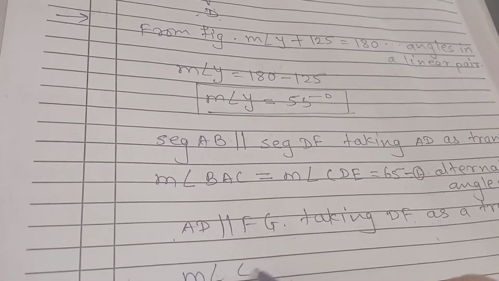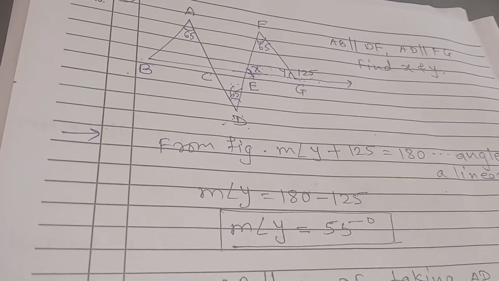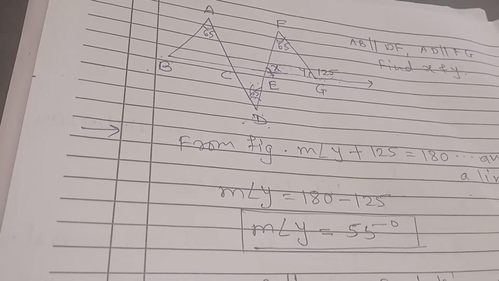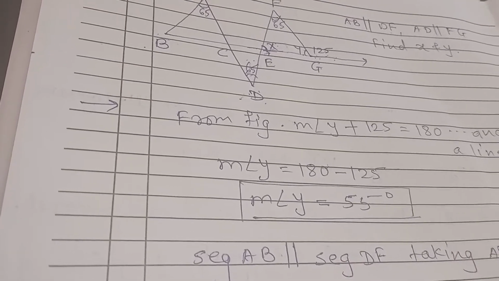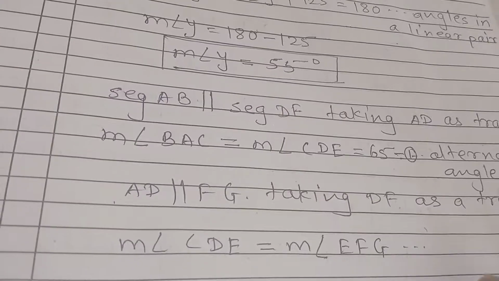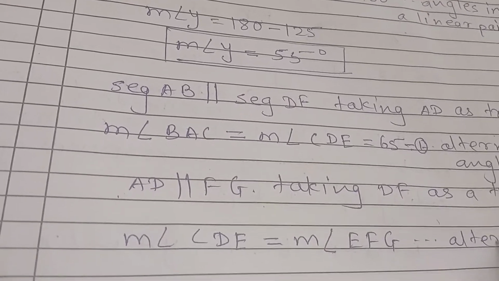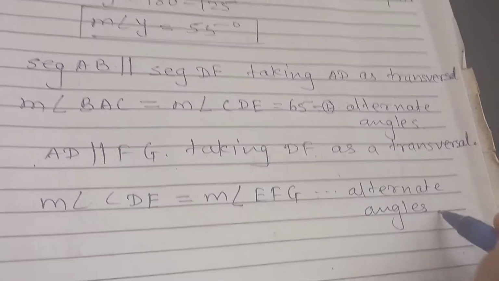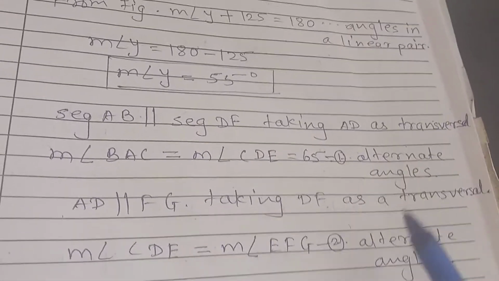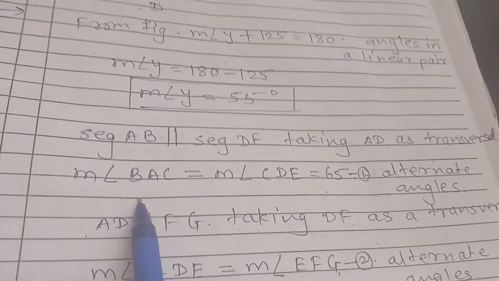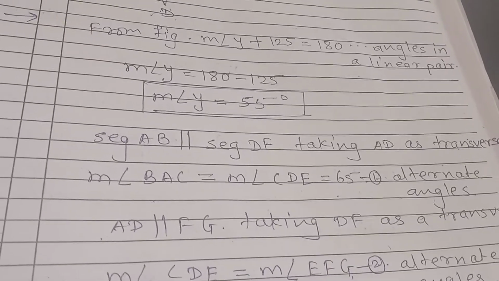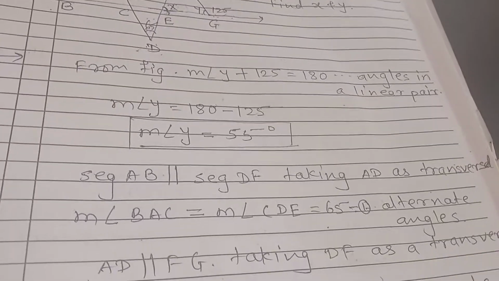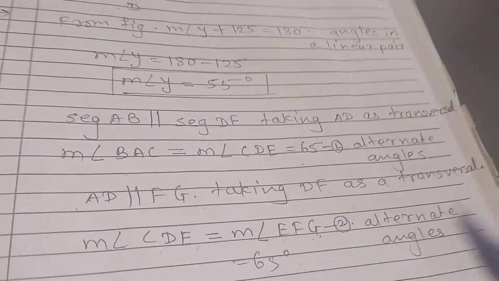Why can we write this? Because they are alternate angles. See the figure. Equations 1 and 2: BAC is equal to CDE, CDE is equal to EFG. Both are equal to 65 degrees.